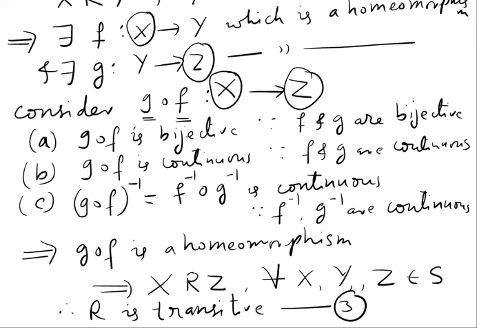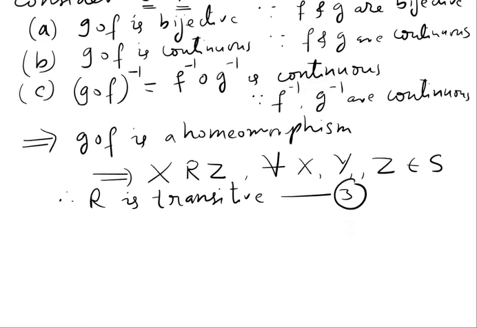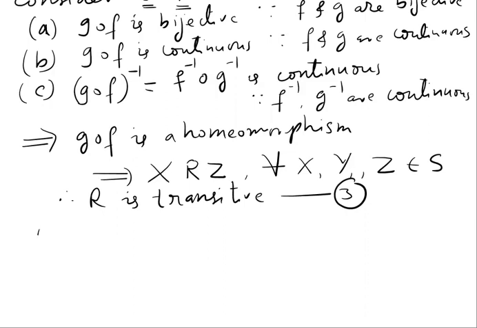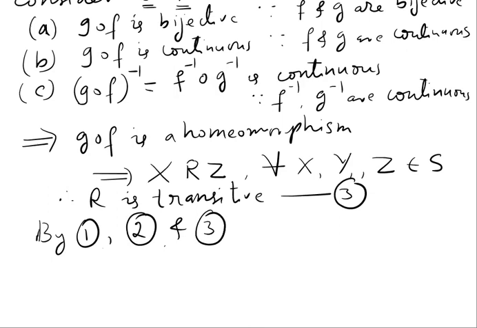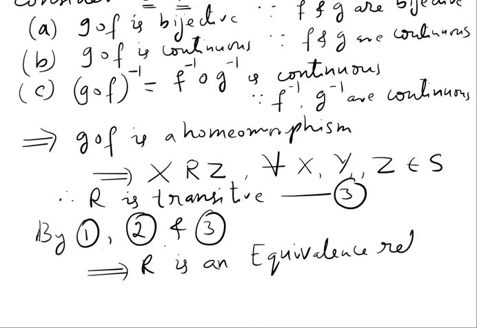By 1, 2, 3 we have reached the final conclusion now. By 1, R is reflexive, by 2, R is symmetric, and by 3, R is transitive. So we got the conclusion R is an equivalence relation.